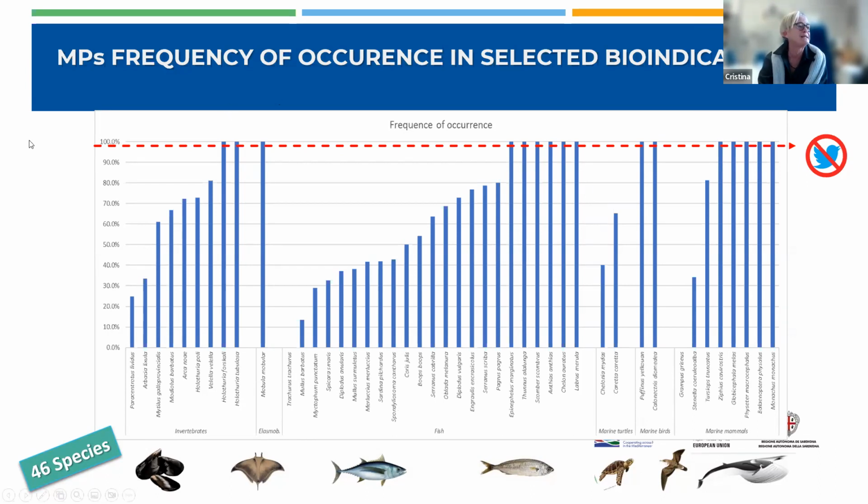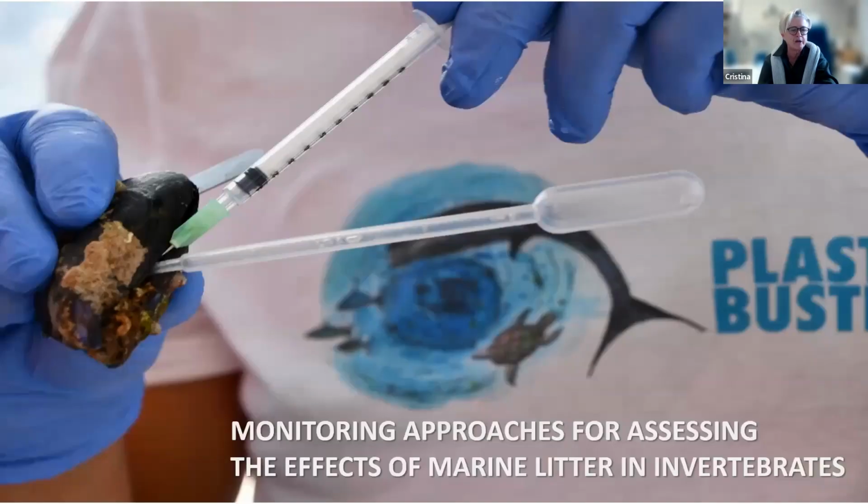Most of the species have an occurrence around 100%. So it means that in all the specimens, we found the presence of microplastic and marine litter. That means that these species can be used as bioindicators of the health status of the marine environment.